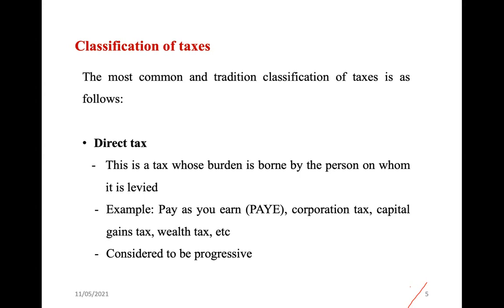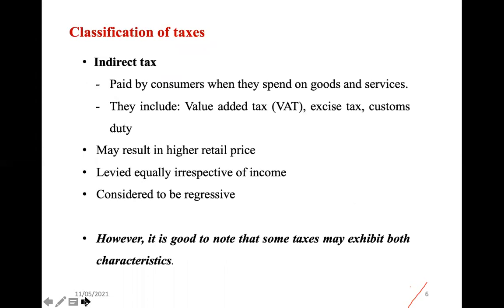And then capital gains tax and wealth taxes are direct forms of taxes. And in terms of characteristics, or in principle, we often say that these direct taxes are progressive taxes in nature.